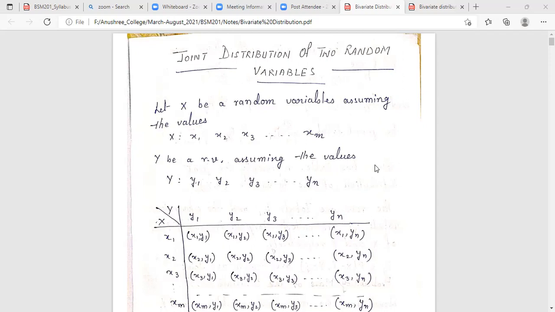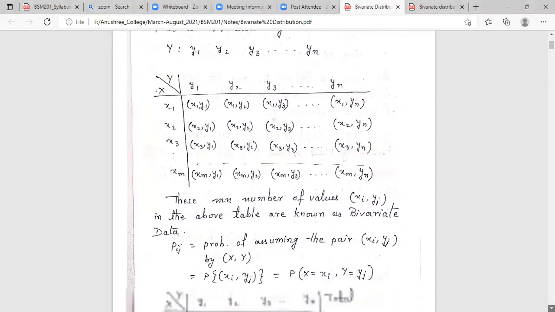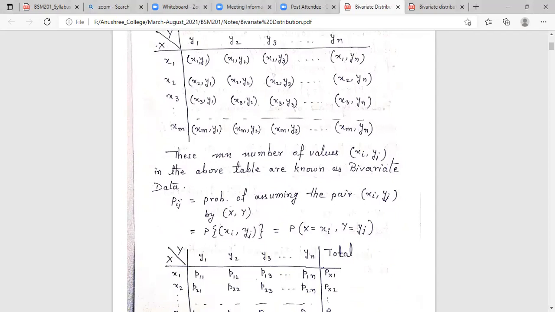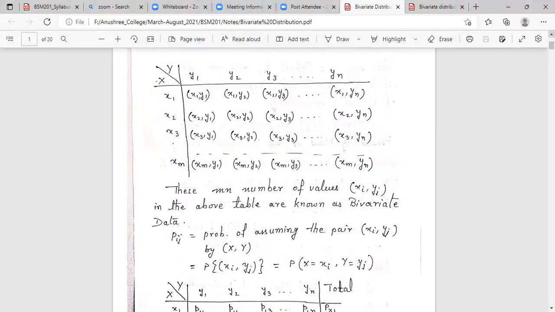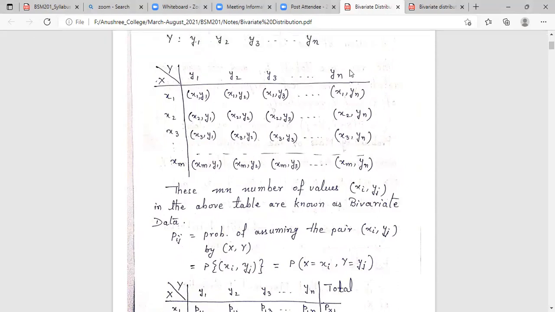Now, if we are going to write the joint distribution, then the table will go on like this. Look at the table if you can. This will be the table for the joint distribution of x and y, where x1, x2, x3 are the values of the random variable x, and the values of the random variable y will go on horizontally.